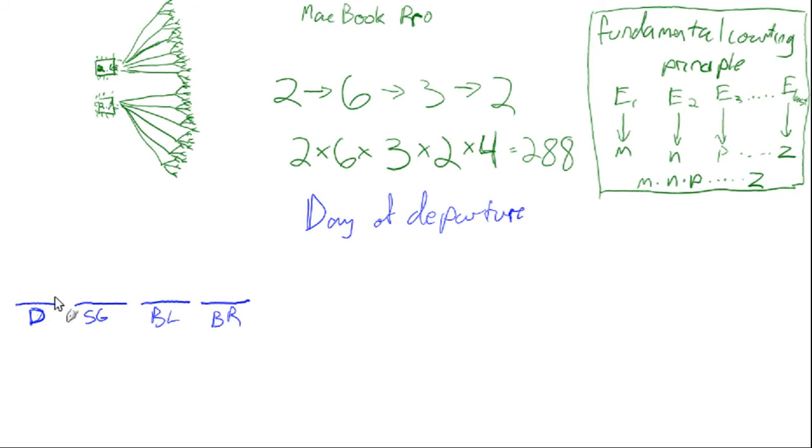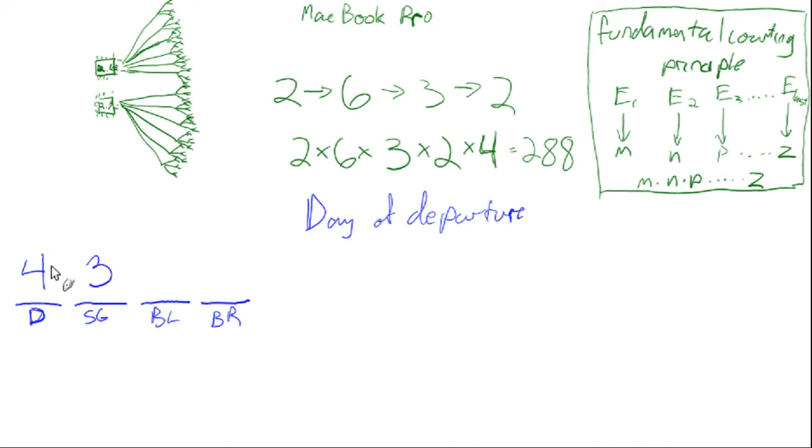So how many drivers do we have? Well, nobody has said that they want to do anything yet, so any of the 4 people could jump in there. After that, somebody calls shotgun, right? So that's 3 possibilities for shotgun, because somebody's already driving. So that person's not going to be able to sit in the passenger front seat.